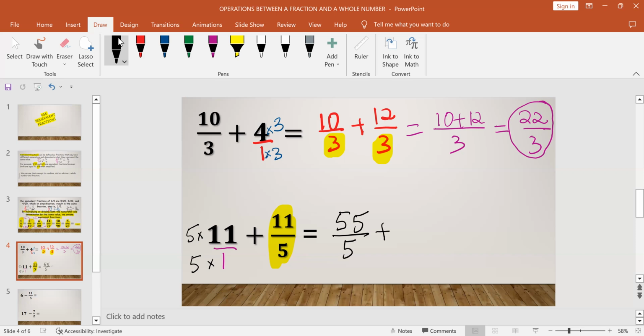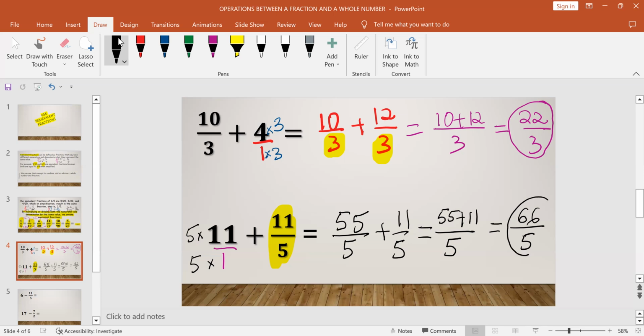Now plus 11 over 5. Now we have the same number in the denominator. We keep that number once, and then we combine the numerators, the numbers on top of the fractions. So we're going to have 55 plus 11. The answer here is 66 divided by 5.